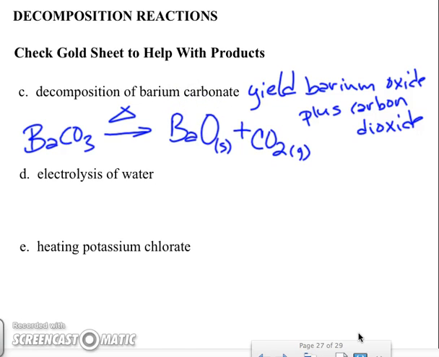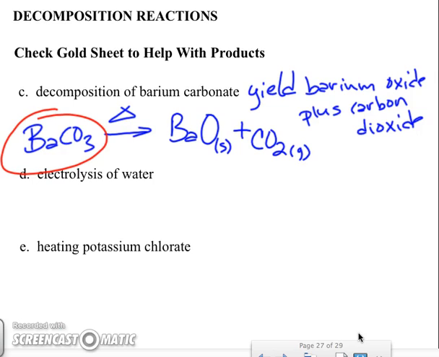Get rid of our charges. If we take a look, we can notice that the equation is already balanced. 1 barium, 1 barium, 1 carbon, 1 carbon, 3 oxygens, 3 oxygens. And again, we know this is a decomposition reaction because there is only 1 reactant.